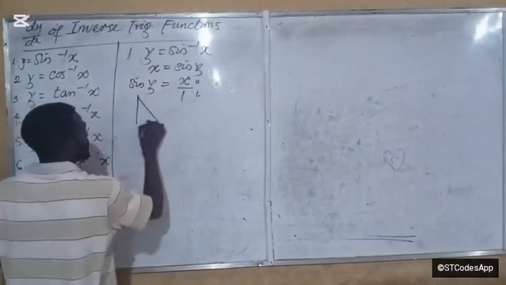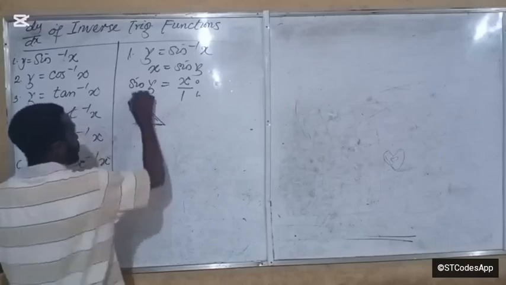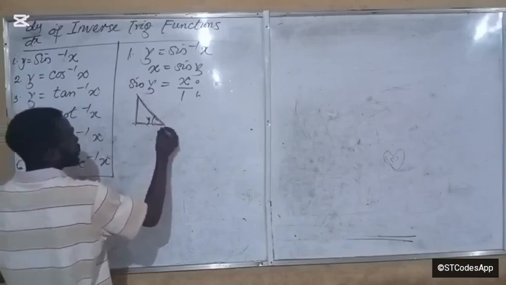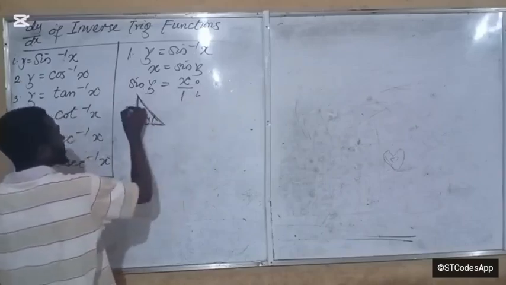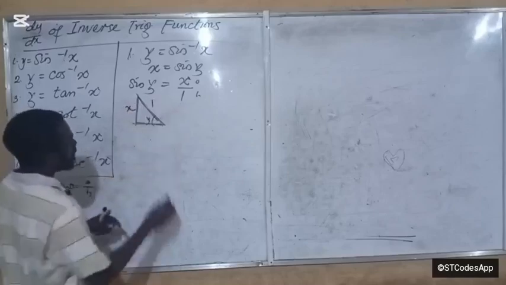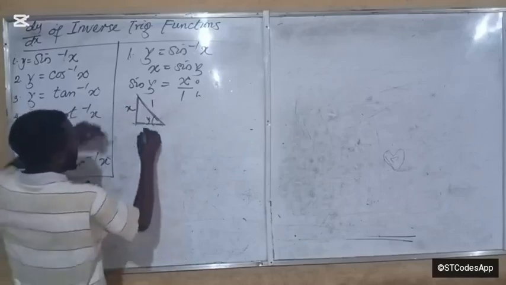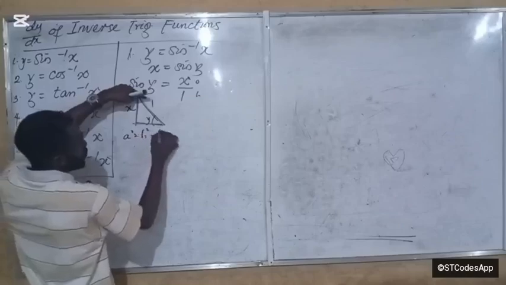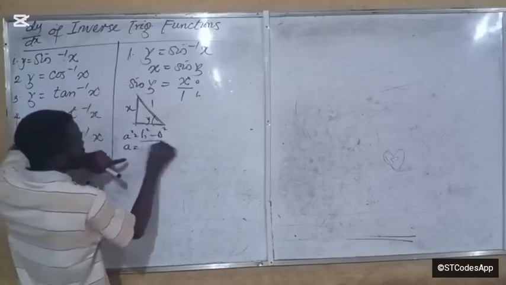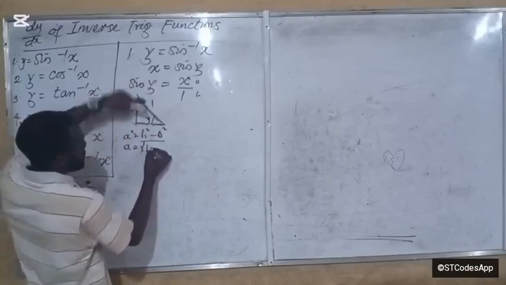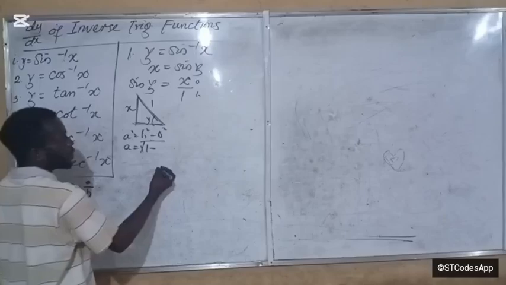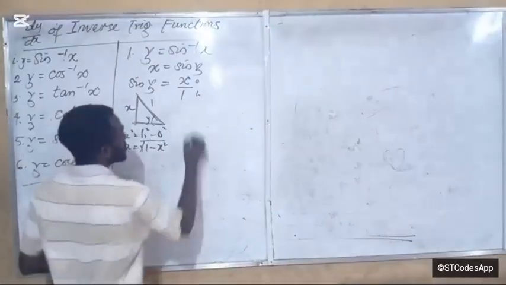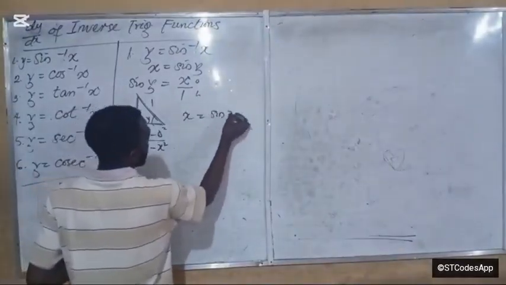If I draw my right angle triangle, with angle y, sine y will be opposite, which is x, and hypotenuse will be 1. So how do we get my adjacent? The adjacent is the square root of hypotenuse squared minus opposite squared, so it is the square root of 1 minus x squared.